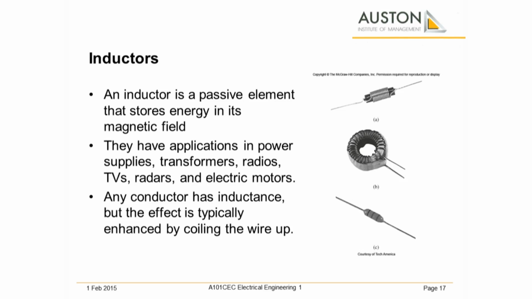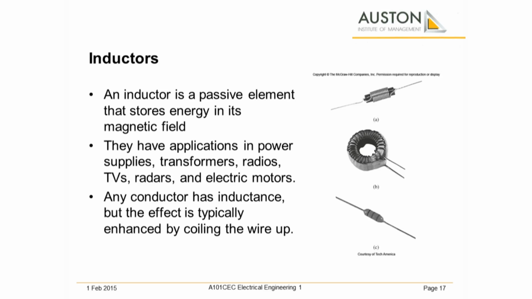Let us now go to inductors. Inductors are another type of passive element. An inductor stores energy in its magnetic field. That is how it differs from a capacitor, wherein the capacitor stores energy in the electric field.